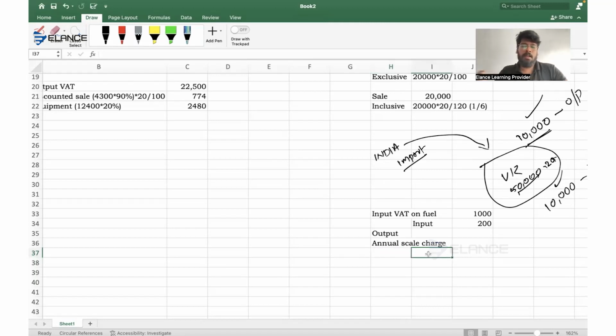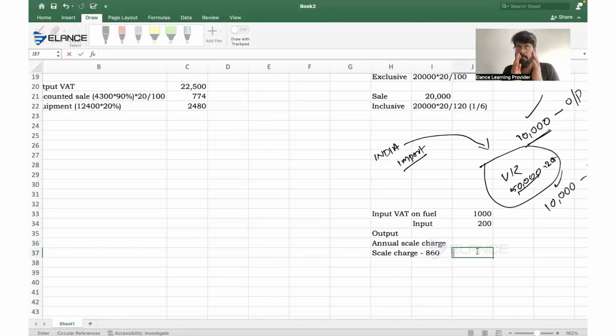For example, for a quarter, the scale charge for this car is 860. Okay, it's an assumed amount. So this 860 is the scale charge.